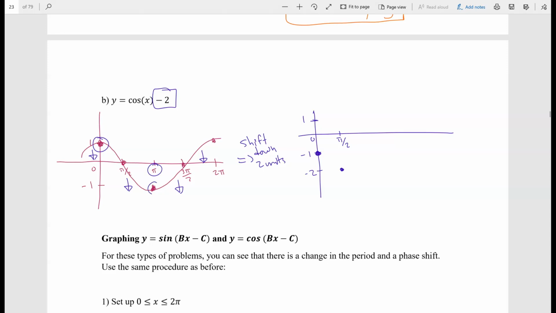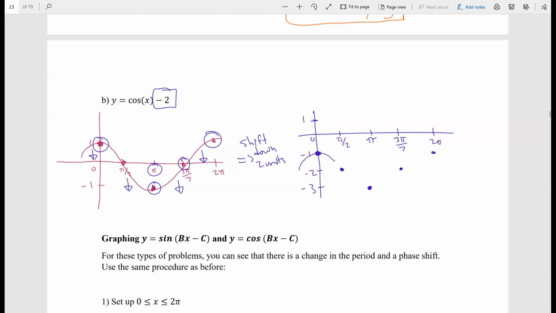At pi, you can see that originally it was at negative 1, shifted down 2 units, it'll be now at negative 3. At 3 pi over 2, if I shift this 2 units down, it'll be at negative 2. And then at 2 pi, which is right here, shifted down 2 units, will be at negative 1.